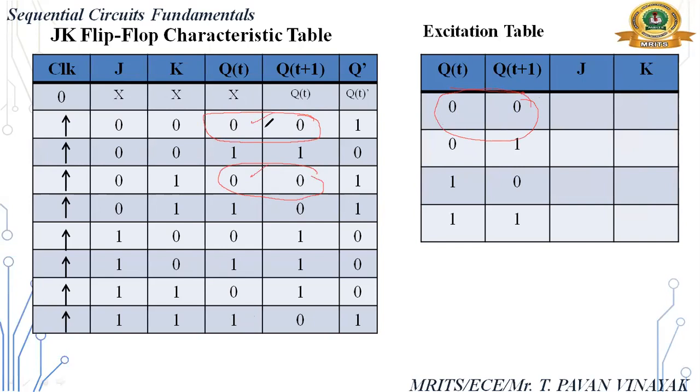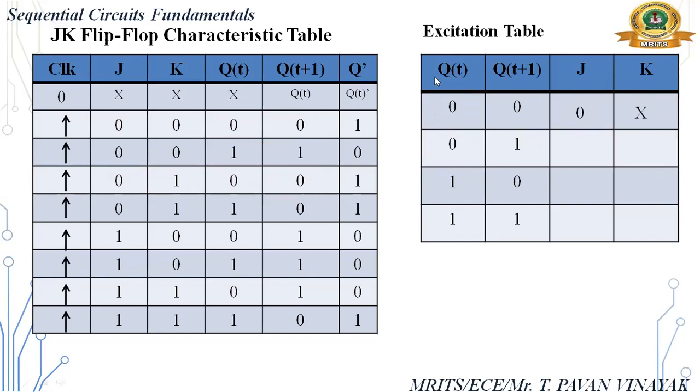For the first 0, 0 we have 0, 0, and for the second 0, 0 we have 0, 1. So J is fixed to 0, and K we take as don't care because we are getting 0 as well as 1. So the values are 0 and don't care.